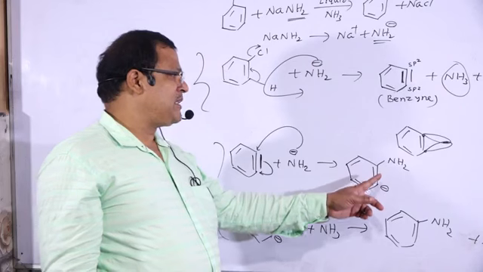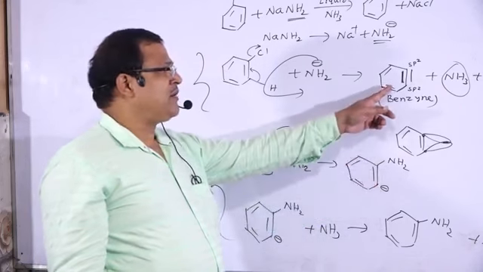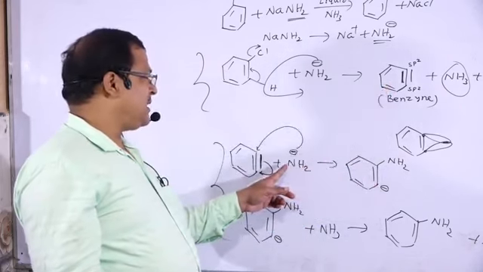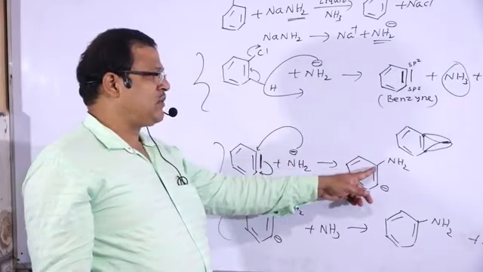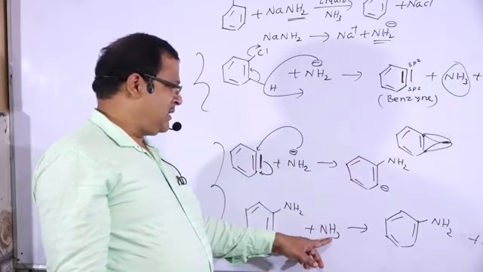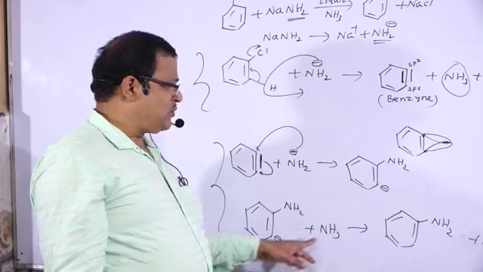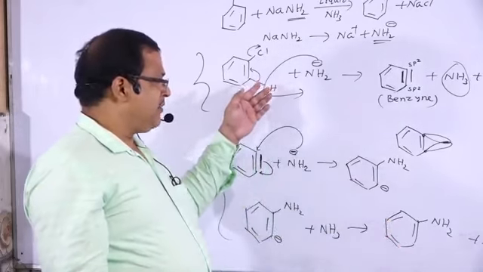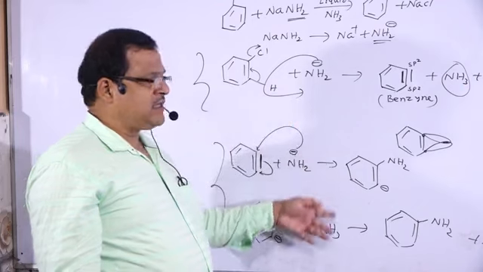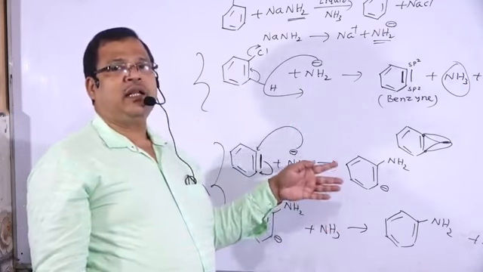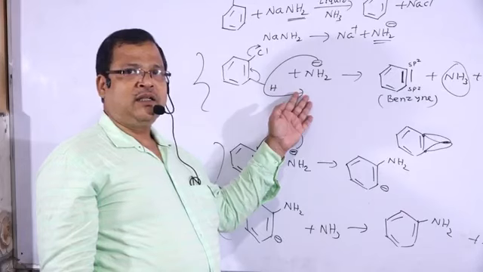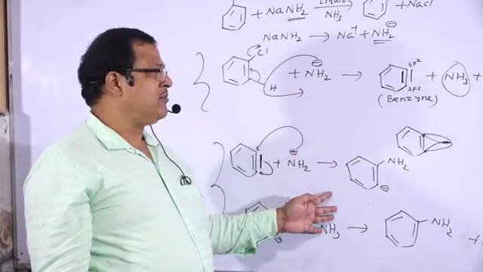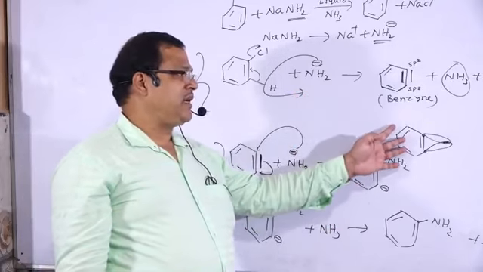Immediately after the formation of benzyne, it is added with NH2 minus to form this one. Again it will take away this H plus to form aniline. So the first step is elimination, and the second step is addition. Therefore the name is elimination addition mechanism, otherwise known as the benzyne mechanism.